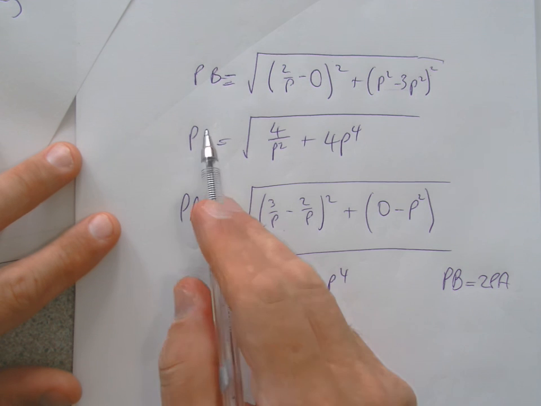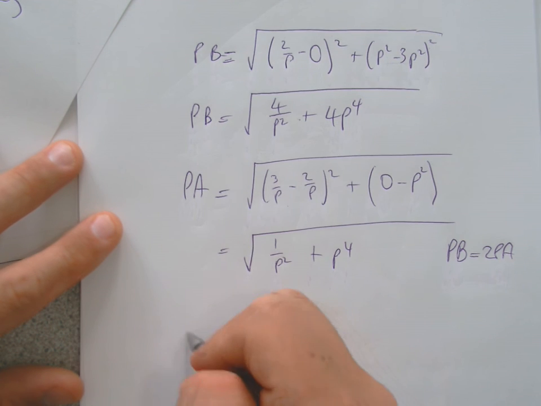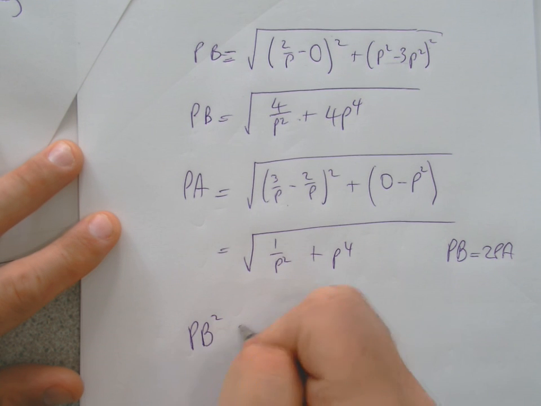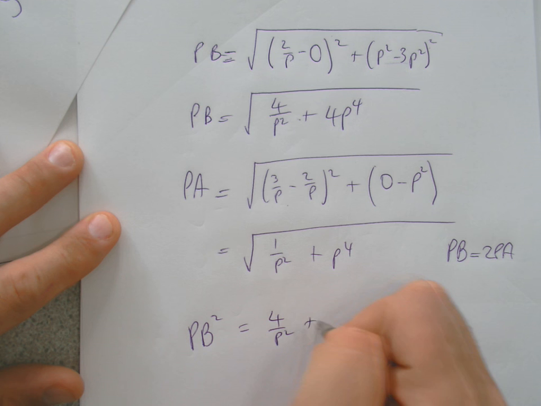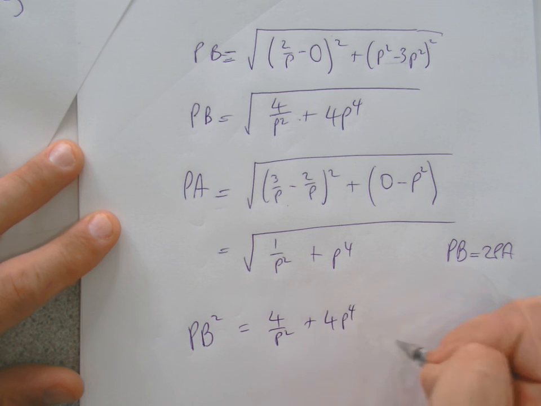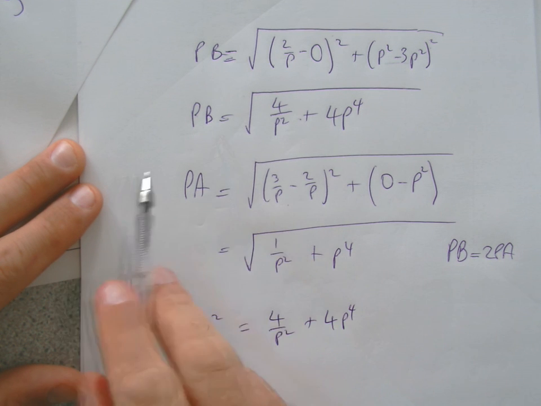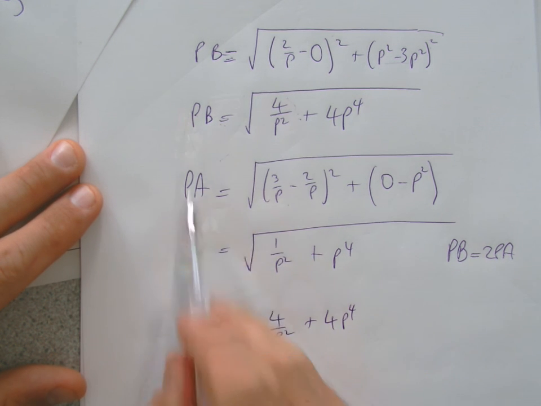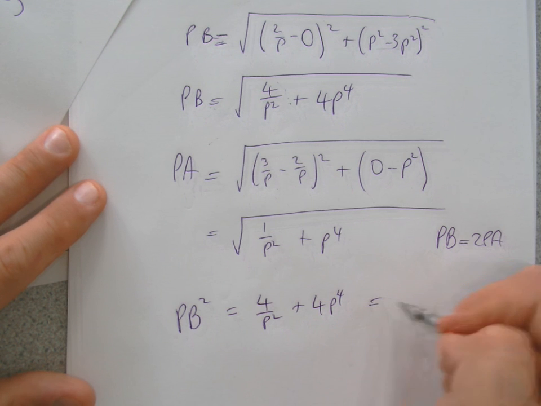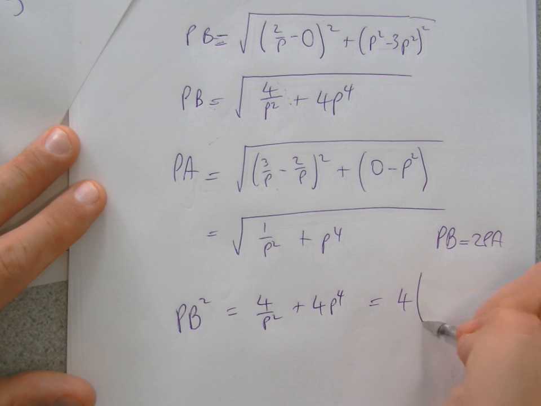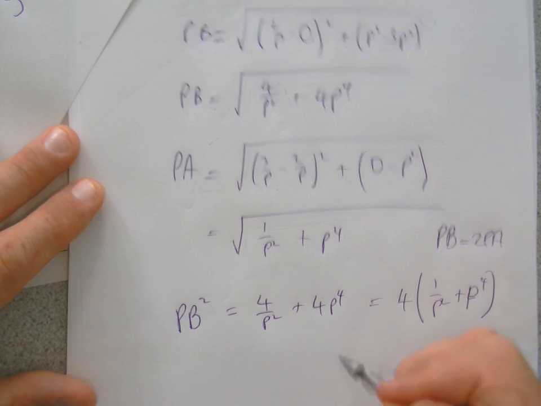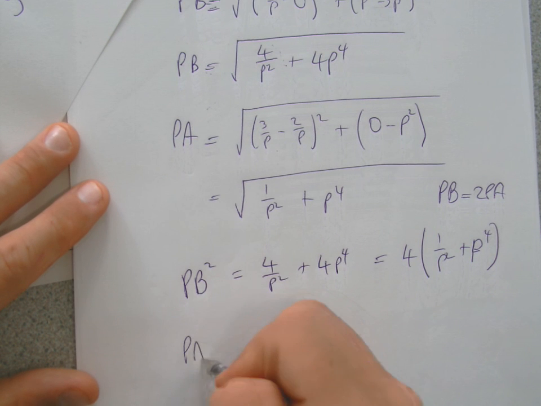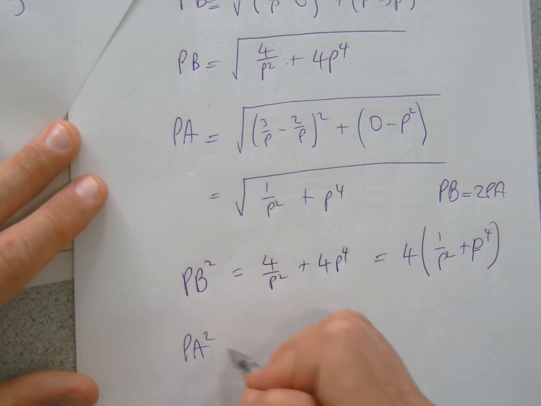But what you can do, you've got PB equals this here, but you could actually say PB squared equals this. Yeah? PB squared. Then you can also take out a factor of 4 here, couldn't you? And then you could do the same for PA squared.